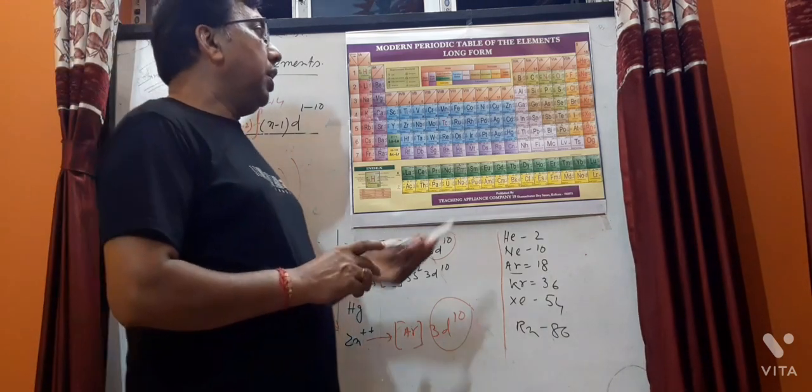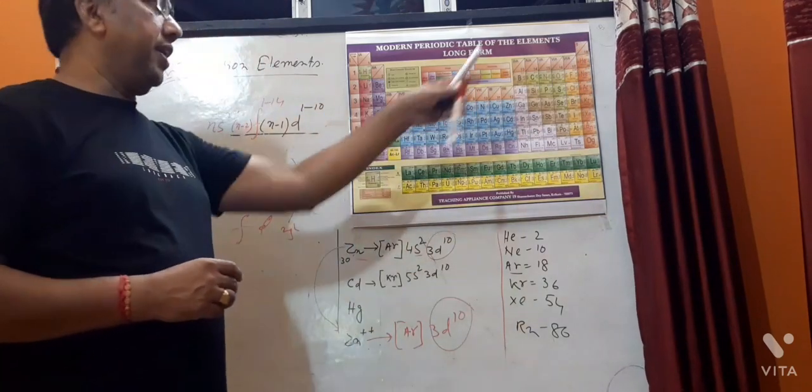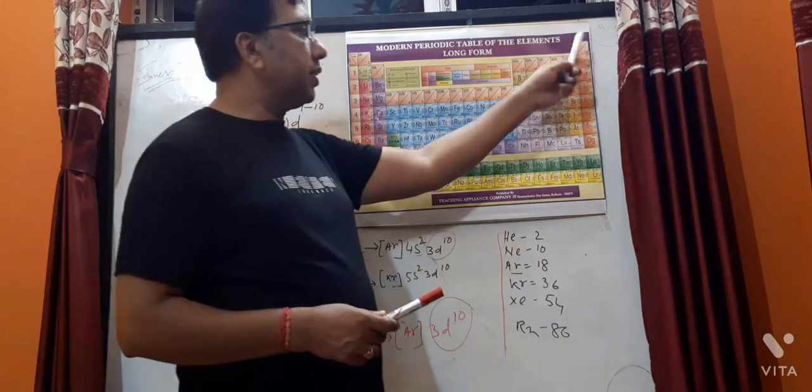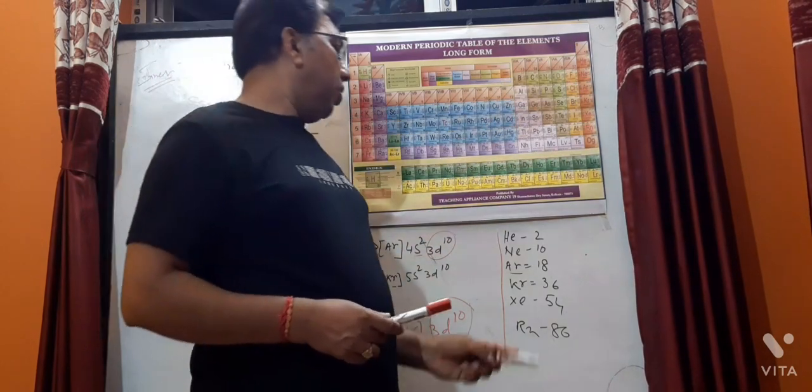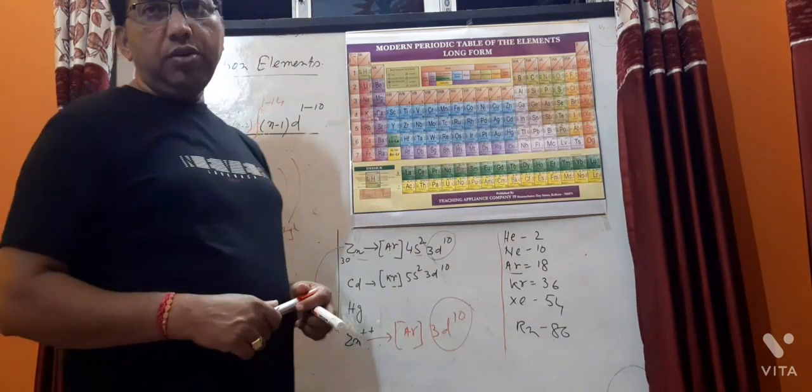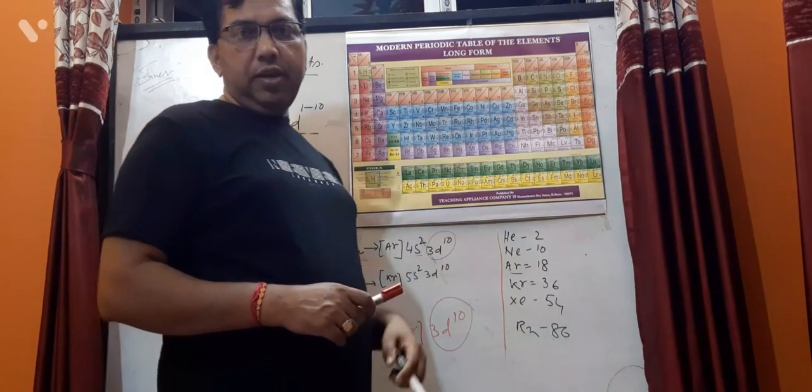Next come the noble gases, the inert gases. Why are there noble gases? The last, 18th group elements, helium, neon, argon, krypton, xenon, radon, all these are inert gas elements.